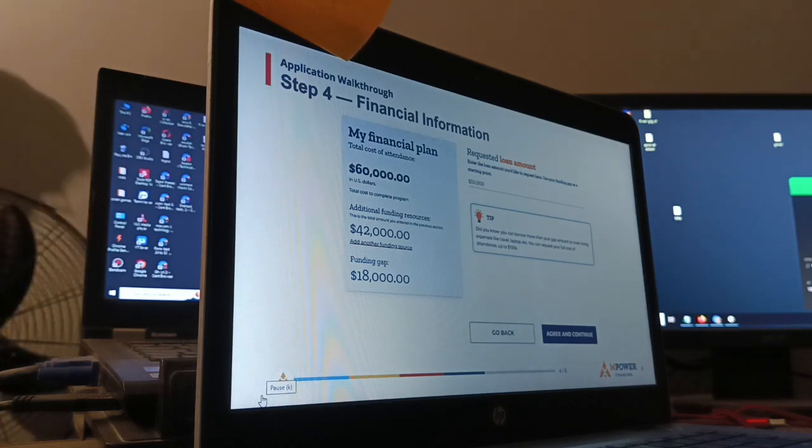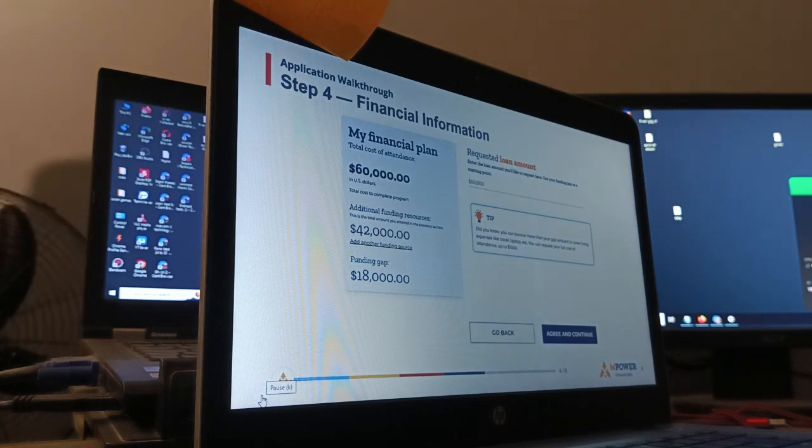So what we will do here is we will see funding gaps, subtracting your overall costs until graduation, minus what funding is available to you, to say how much you need from Empower.